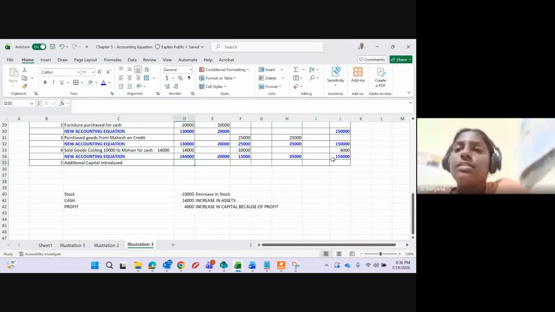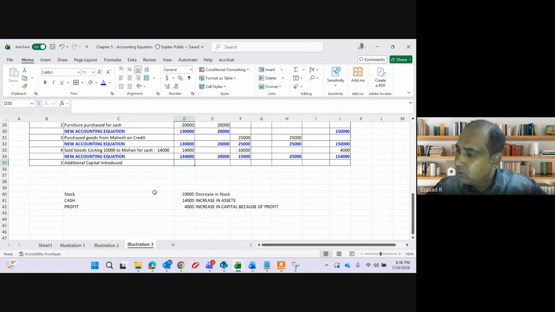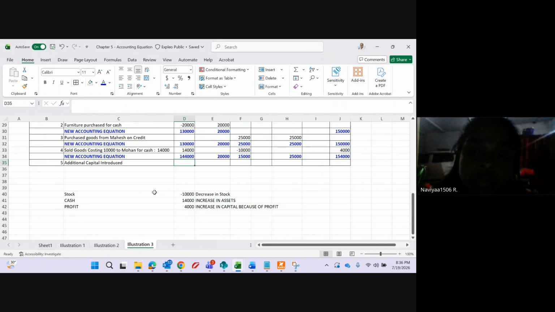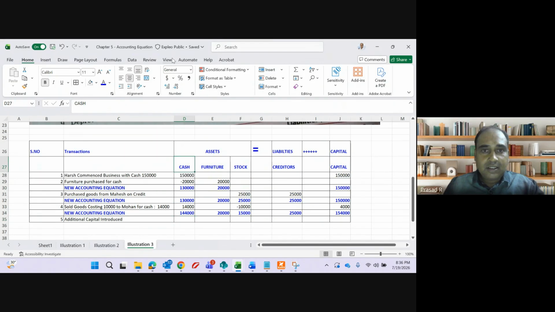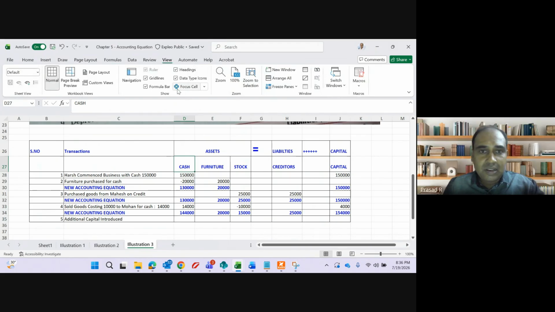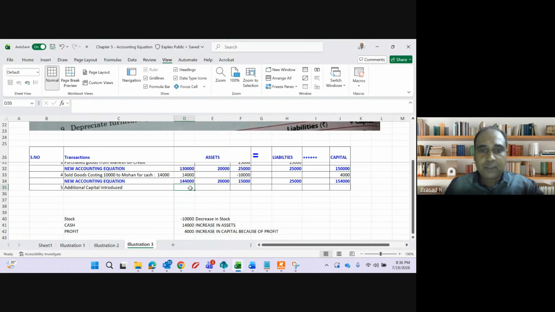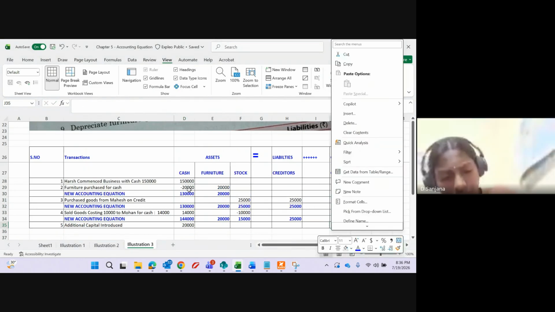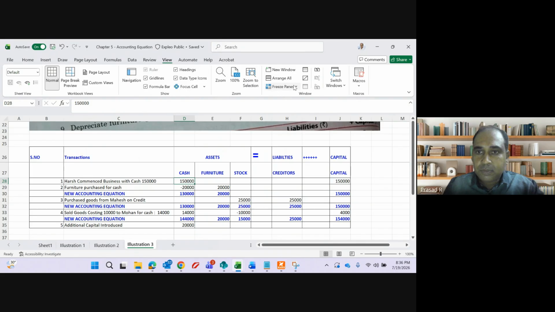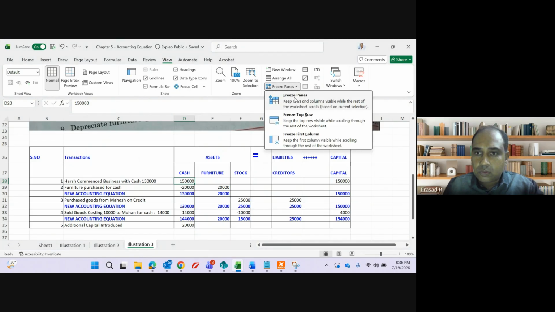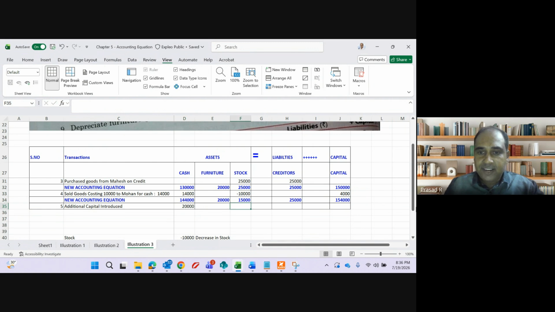What is the amount? I don't want to keep changing my screen, that's why I'm asking for the amount. The amount is 20,000, right? Yes, sir. 20,000 in cash and 20,000 in capital.